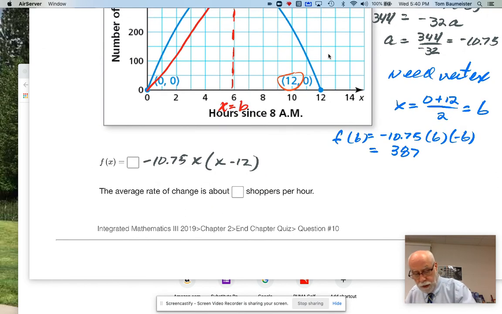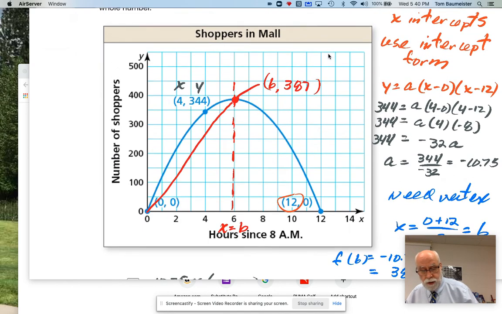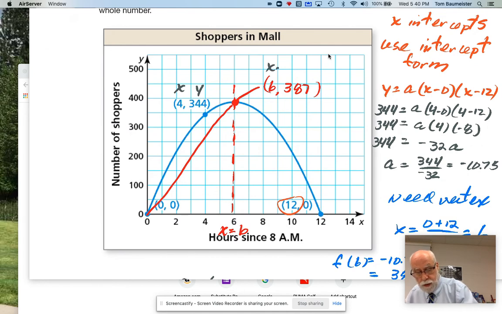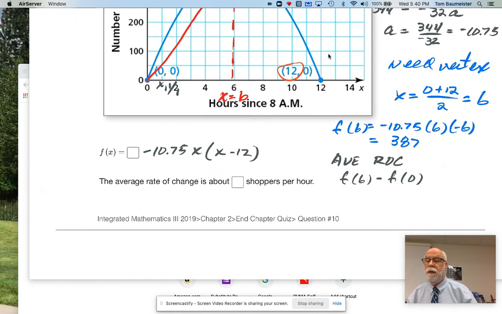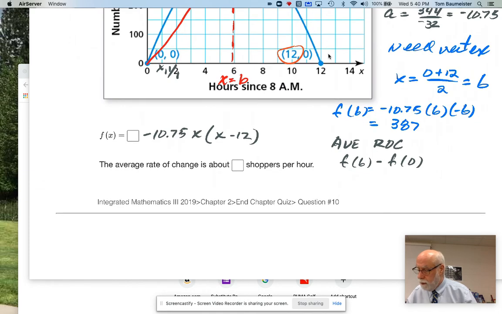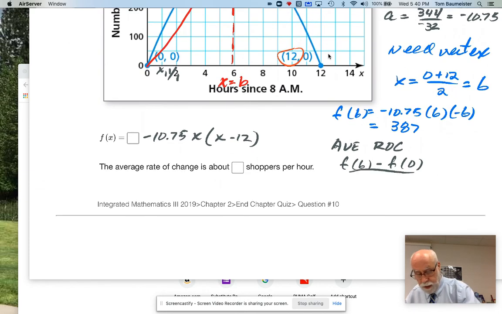So again, the average rate of change, and I'm going to say f of 6 minus f of 0, because I chose this to be my x2 and y2, and this is my x1, y1. If you went the other way, you would still get the same thing, people. And that would be over 6 minus 0.